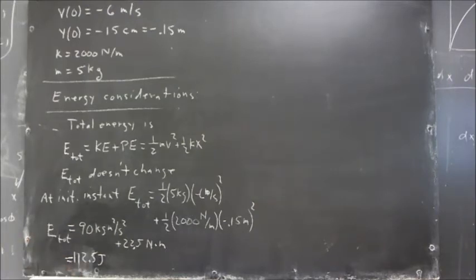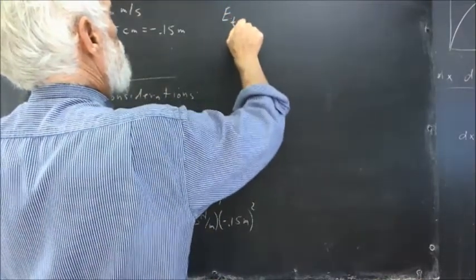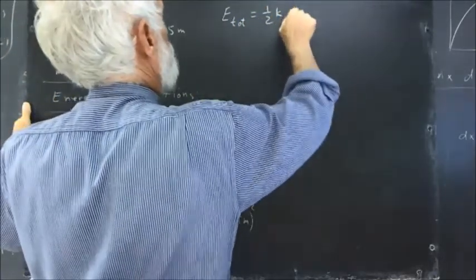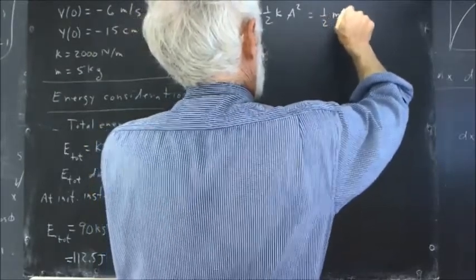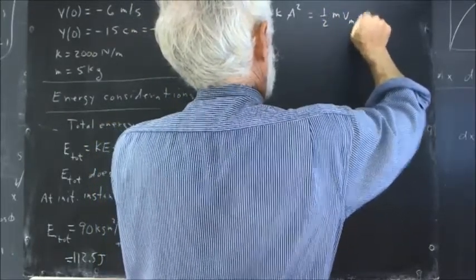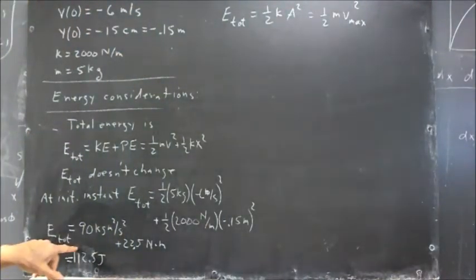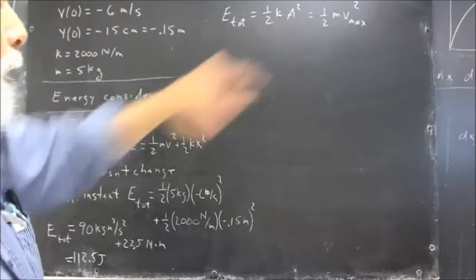Now, how does that help us? Well, total energy equals 1/2 K a squared, which equals 1/2 m times the maximum velocity squared. Knowing the total energy, we could calculate the maximum velocity.